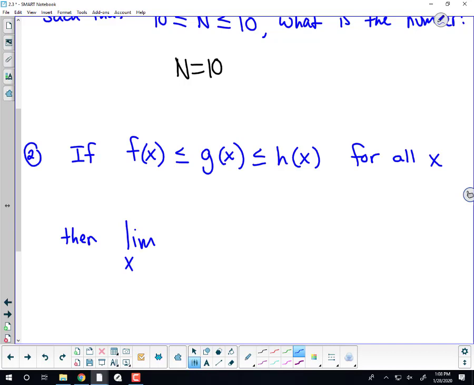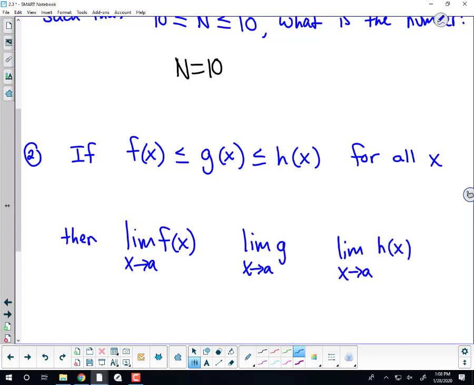Take the limit as x approaches a on all of these functions. Does that inequality still hold? Are we still able to do that?